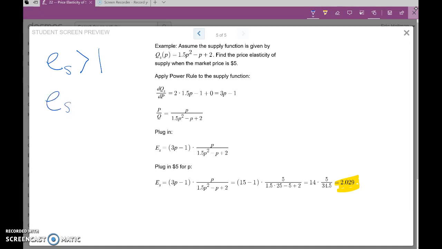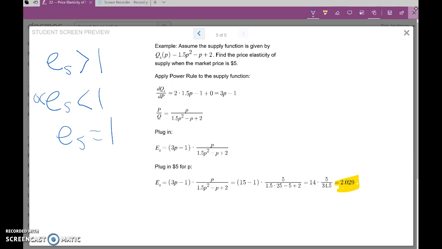If the elasticity of supply is in between 0 and 1, we would call that relatively inelastic because, again, if the price goes up by 10%, the quantity supplied will go up, but by less than 10%. And then if supply elasticity is exactly 1, we call that unit elastic.